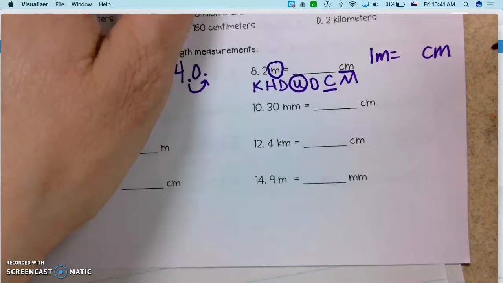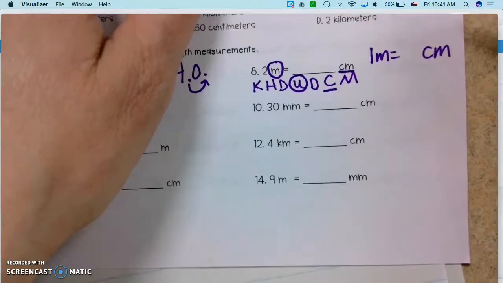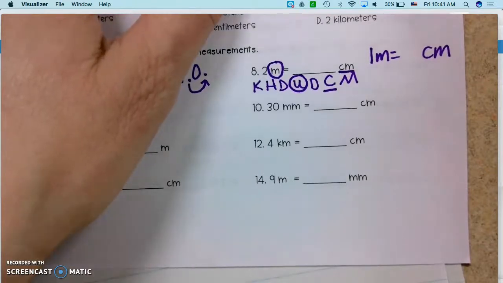What does your chart say? Look on the metric chart. That says millimeters. What does it say? 1 meter is 100 centimeters.